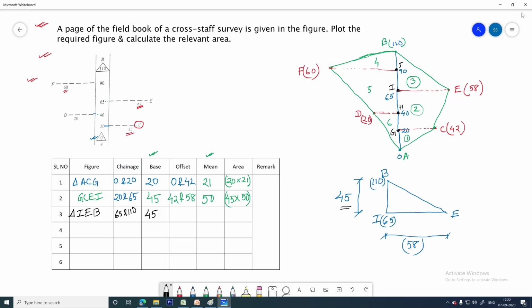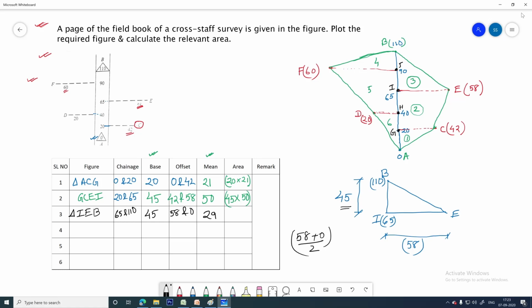Offset value: first one is 58 and second one is 0. So 58 and 0, right? And what is the mean of these two? That means 58 plus 0 by 2. So that means it is 29.